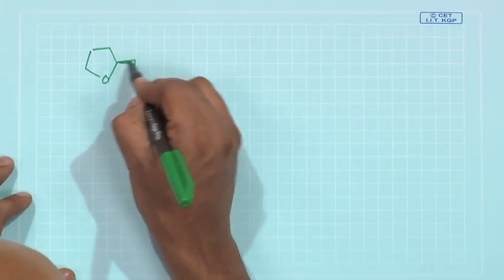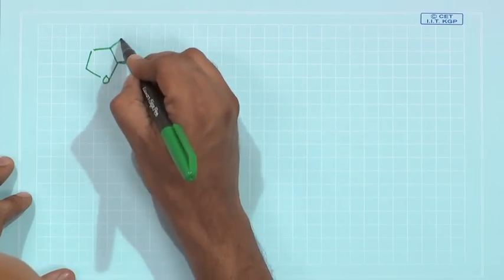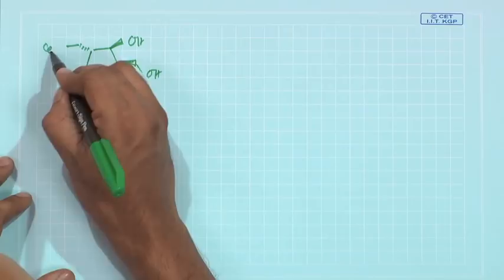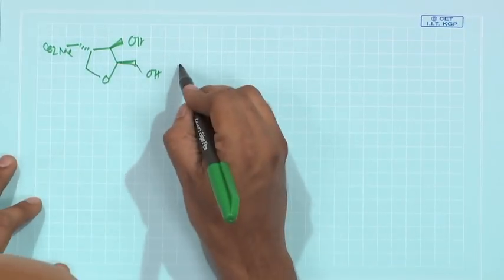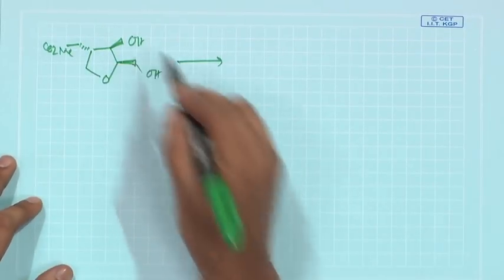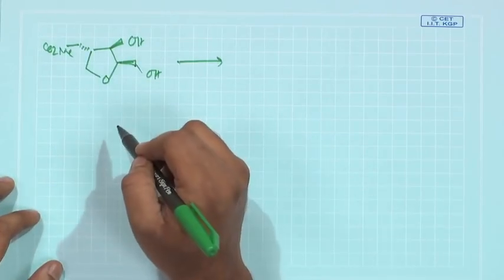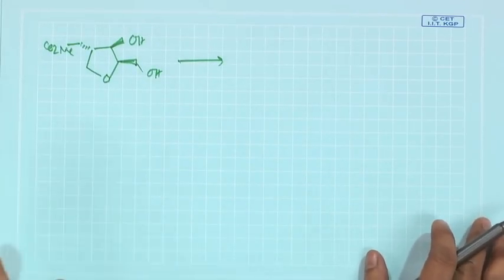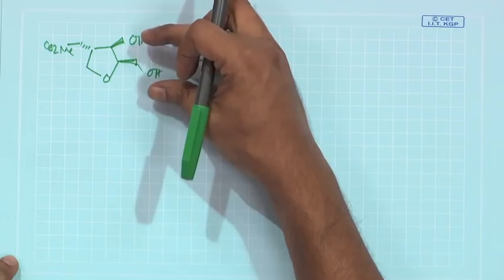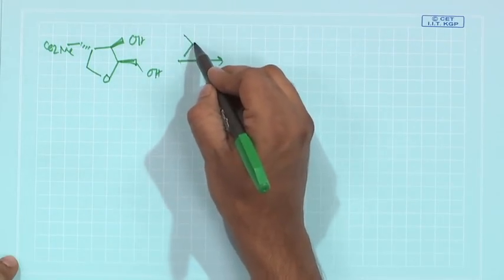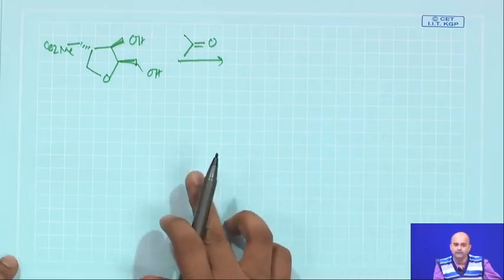You have a primary hydroxy group, you have a secondary hydroxy group, and this part you need to do the reaction. Now, the primary and secondary is basically a 1,3 diol. Your job will be quite simplified if you have a single chemical reagent which can protect both the primary as well as the secondary. We will be using a very simple reagent, acetone.